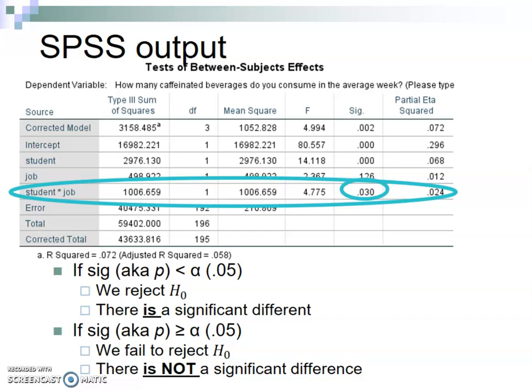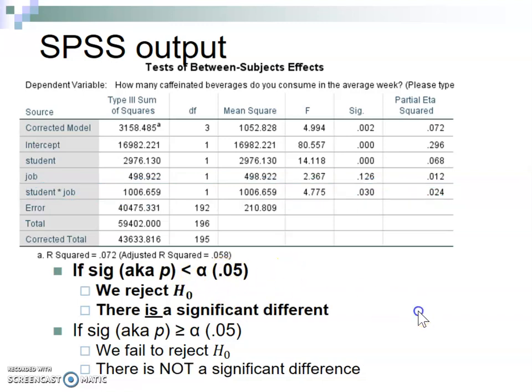Comparing that SIG value of 0.030 to an alpha of 0.05, we do see that that value is smaller than 0.05. So our p-value is less than the alpha level of 0.05, and so in this case we are going to make the decision to reject the null hypothesis, since that SIG value is less than 0.05.